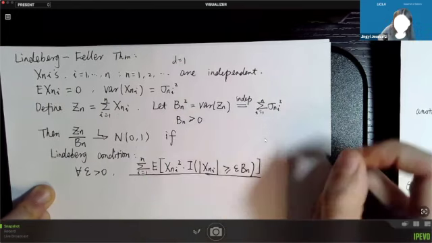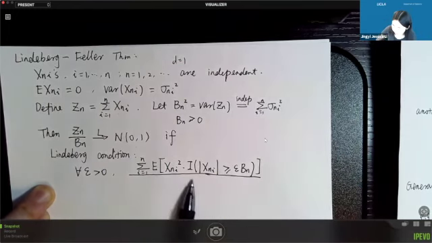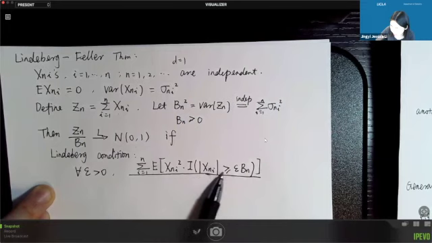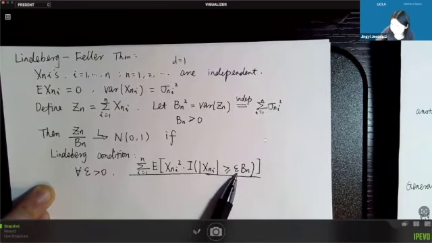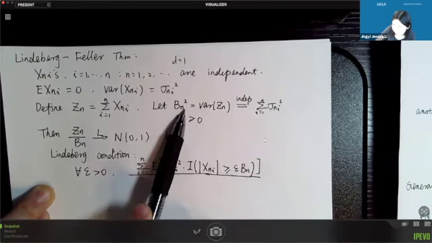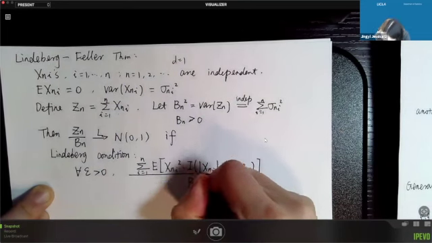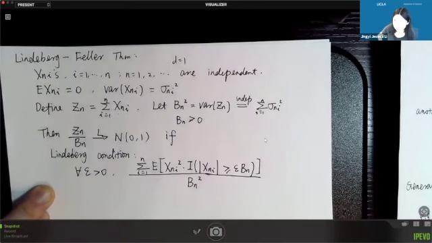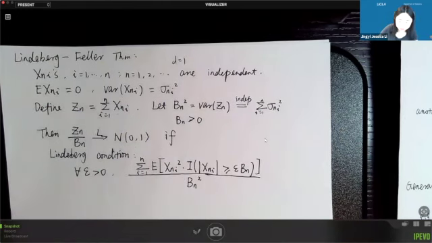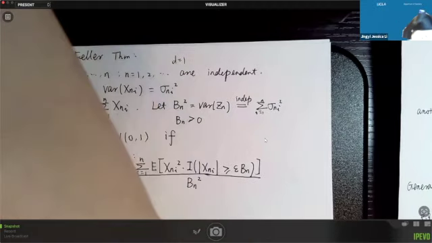So it's the expectation of a product. It's Xni squared times an indicator. And the indicator is equal to 1 when the absolute value of Xni is greater than or equal to epsilon times Bn. And Bn is the standard deviation of Zn. And we're not just talking about this term, but we divide it by Bn squared. So you see here, what is Bn squared? If we think about it, we can actually see that, see the pen.